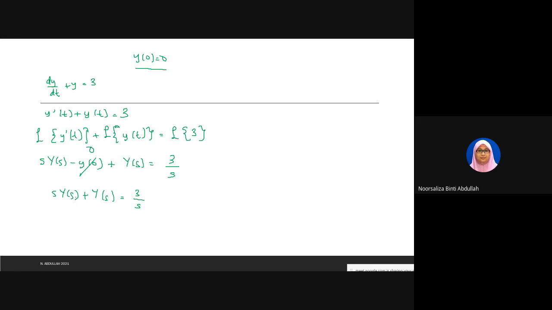Then Y(s) times (s plus 1) equals to 3 over s, and Y(s) equals to 3 over s(s plus 1). Where does the s plus 1 come from? Here you factor out Y(s), then you get Y(s) in brackets (s plus 1).